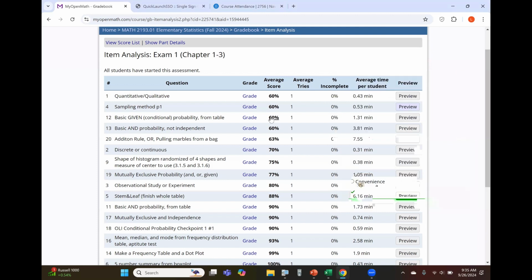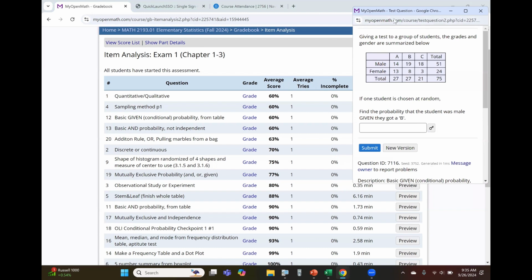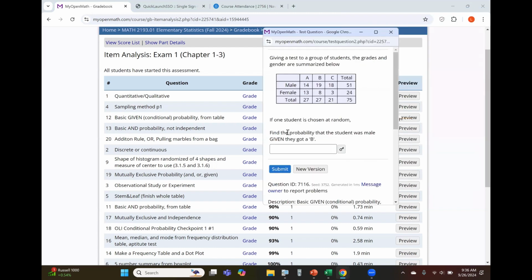Okay. So this one, the online class had the same issue. If it's a given, that reduces the sample space to only those that have that attribute.